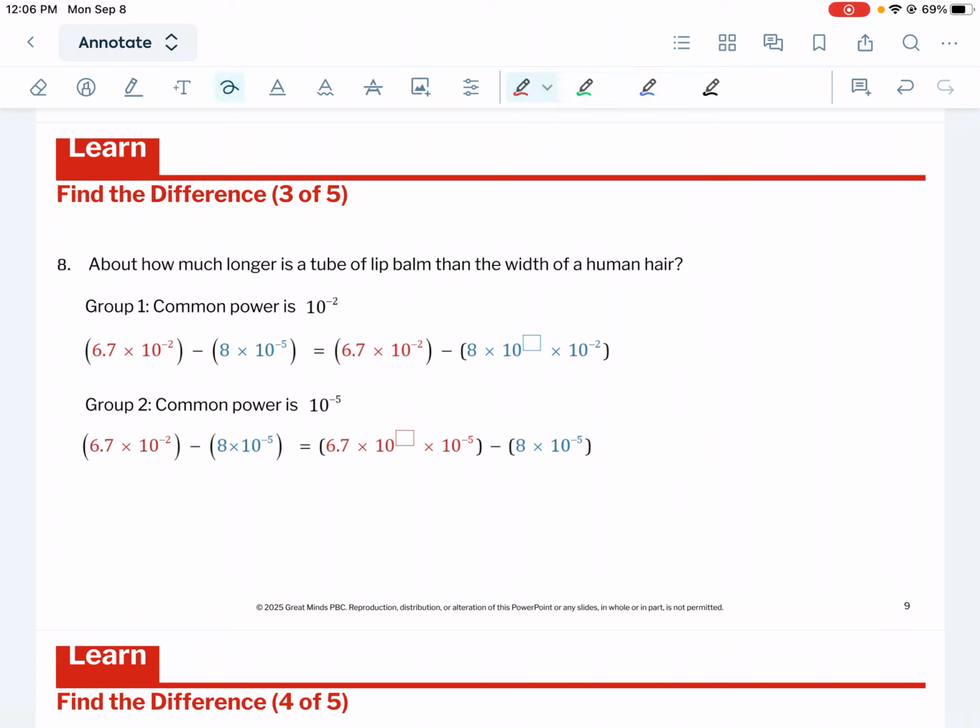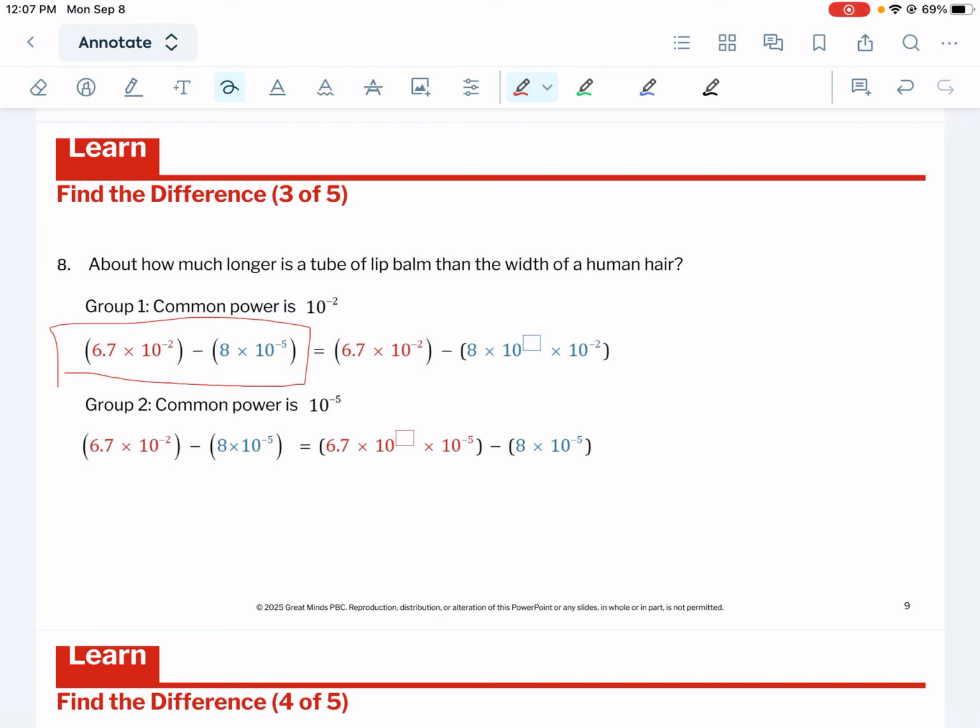It says, about how much longer is a tube of lip balm than the width of a human hair. And it gives you 6.7 times 10 to the negative 2 minus 8 times 10 raised to the negative 5 power.